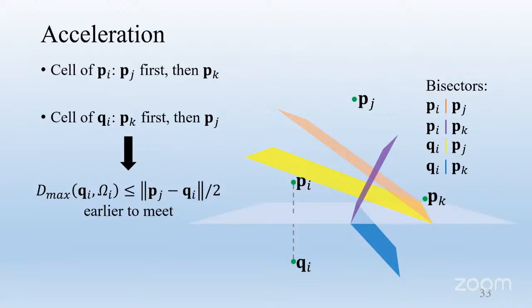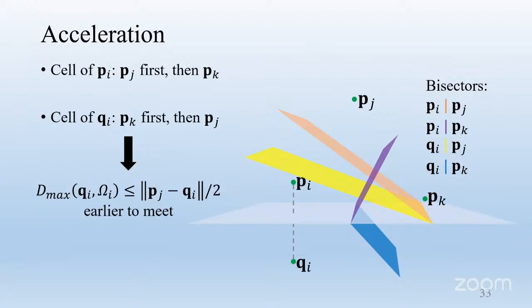Lifting points Pi, Pj, and Pk are above the RD space, and the twin point Qi of Pi is under the RD space. And we suppose that the distance between Pi and Pj is smaller than the distance between Pi and Pk, while the distance between Qi and Pj is larger than the distance between Qi and Pk.